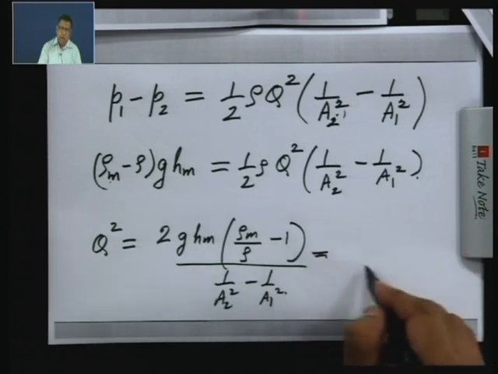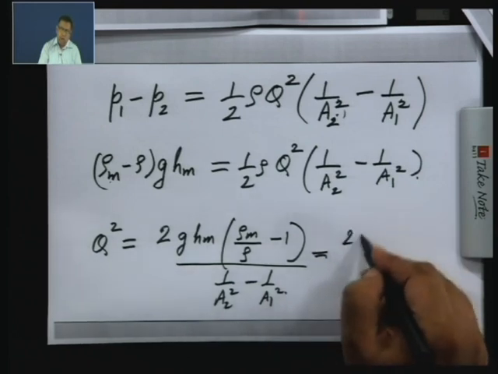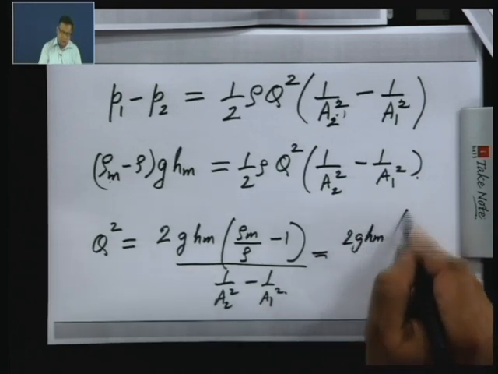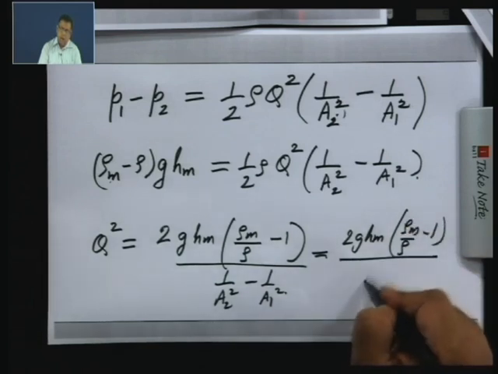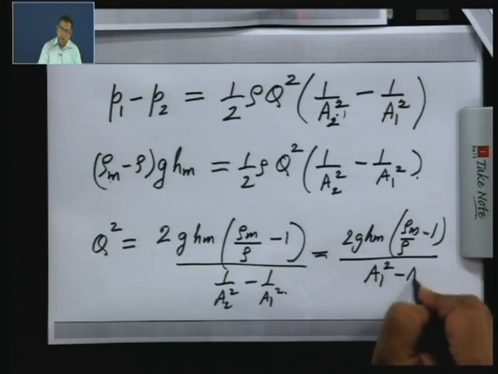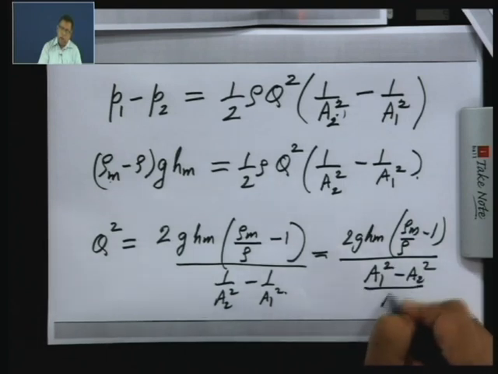Which I can write further as 2 g H m into rho m by rho minus 1, and this I can write as A 1 squared minus A 2 squared by A 1 squared A 2 squared.